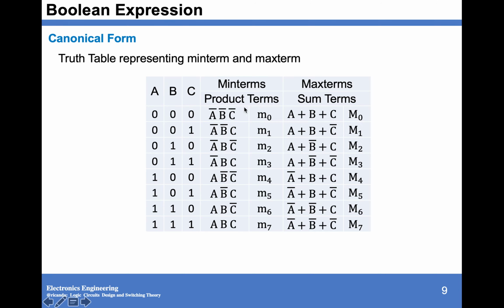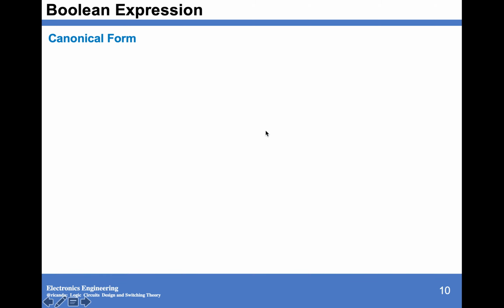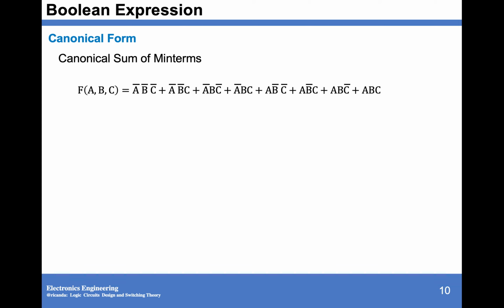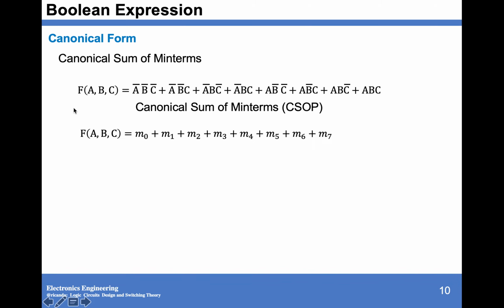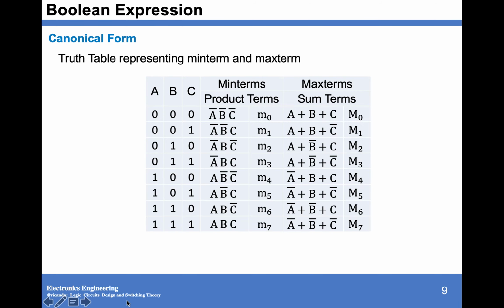If we get all these min terms, then it is what you call your sum of, or canonical sum of min terms. We can write this one in ascending order from 0 up to 7 as a function of your ABC. Or we can have this one written in an alternative form using your truth table. Remember that there is a letter M with subscript.